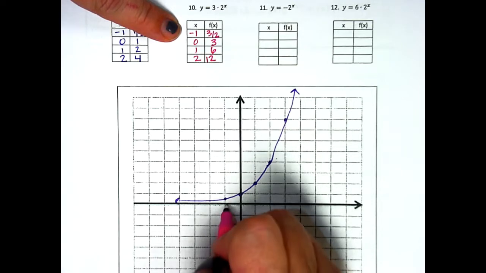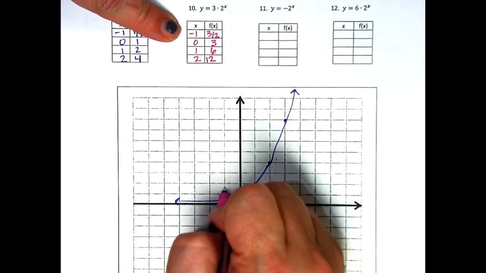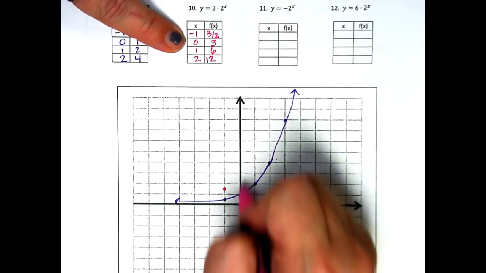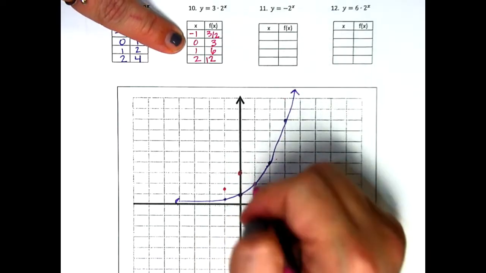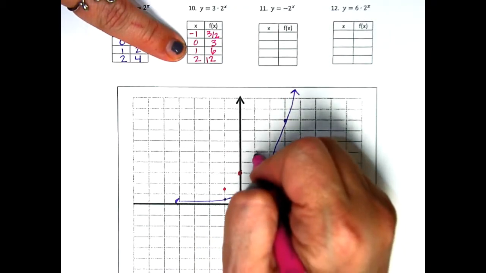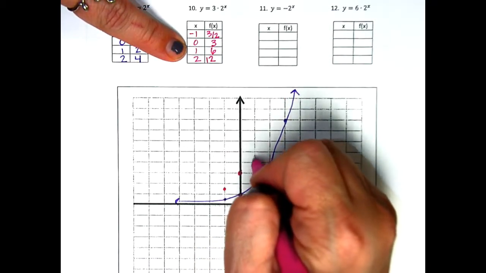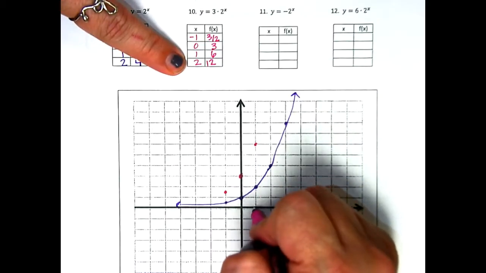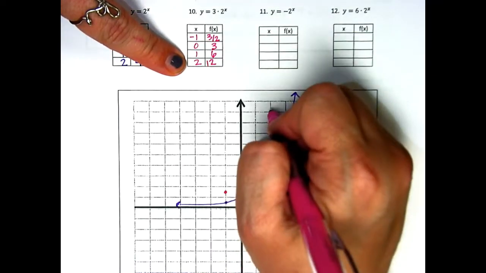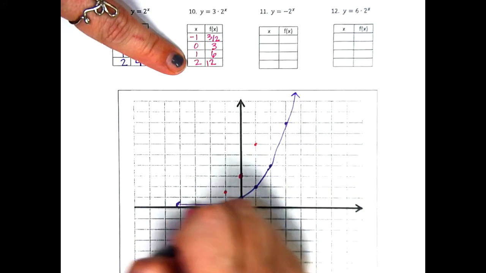So negative 1, 3 halves, 0, 3, 1, 6, and 2, 12, which is not on here.